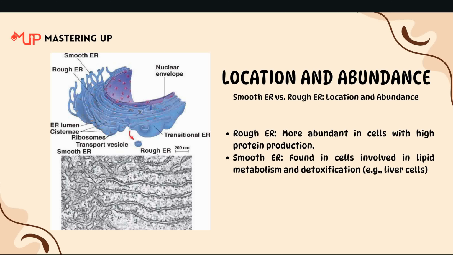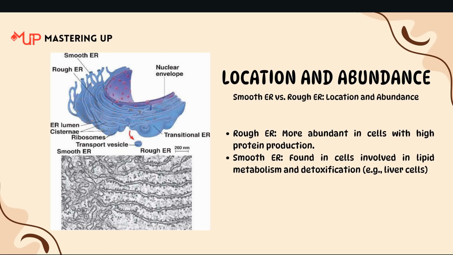Now let's see the difference in terms of location and abundance. The distribution of smooth and rough endoplasmic reticulum within a cell depends on the cell's function. As we have seen earlier, wherever protein synthesis is high, you can see an abundance of rough ER.